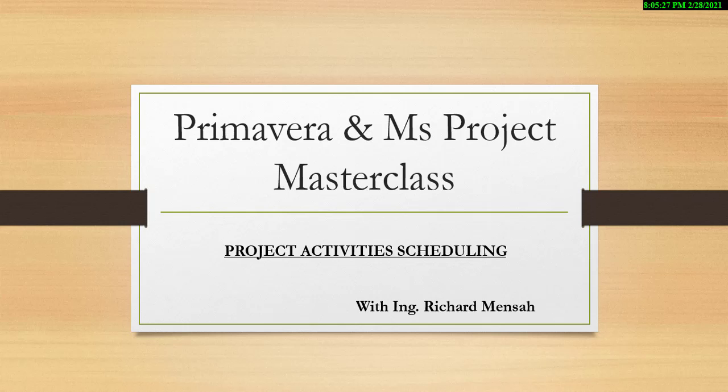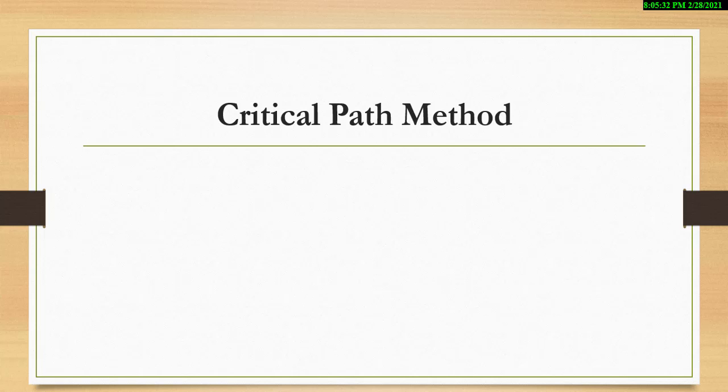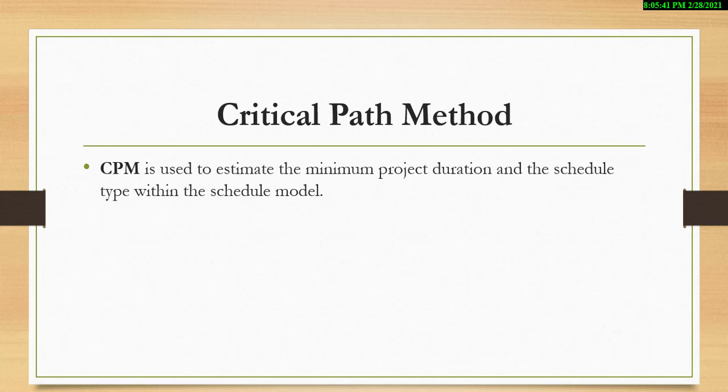So we are moving on. Now we are going to look at this term, critical path method. When you talk of critical path method, which is the CPM, it is used to estimate the minimum project duration and then the schedule type within the schedule model.